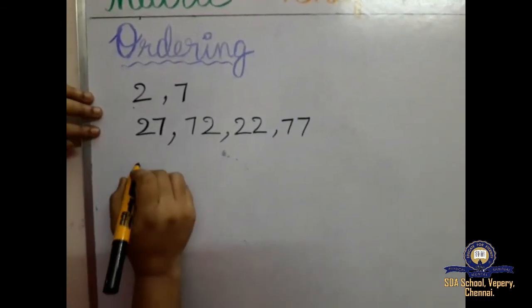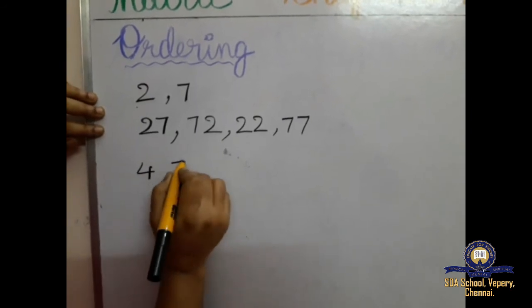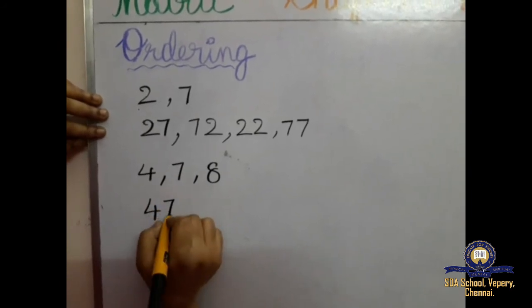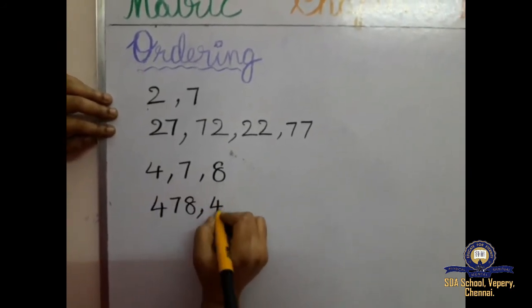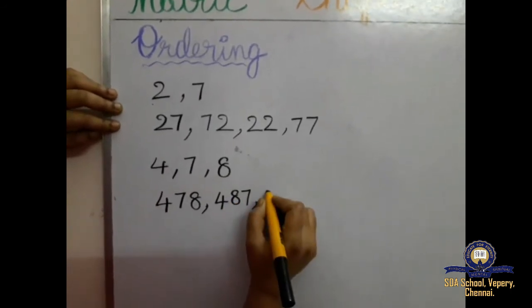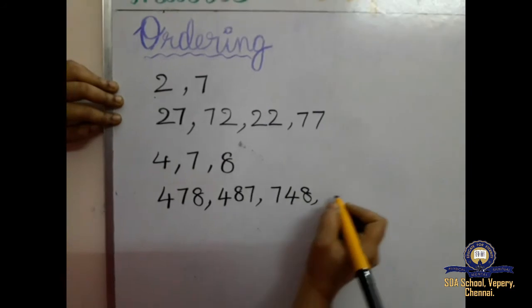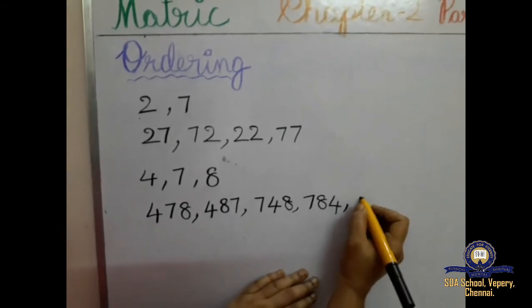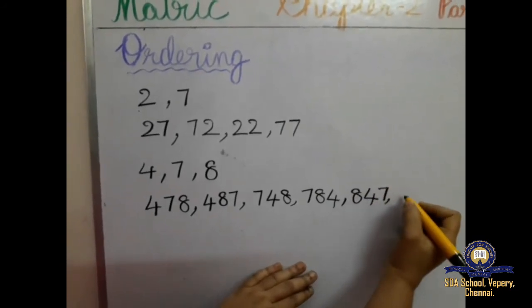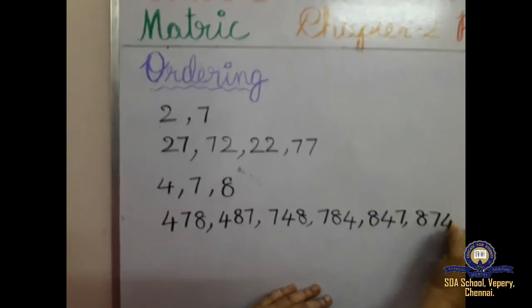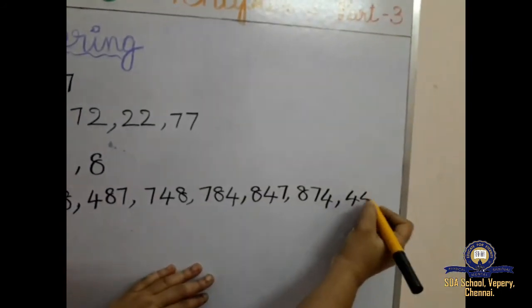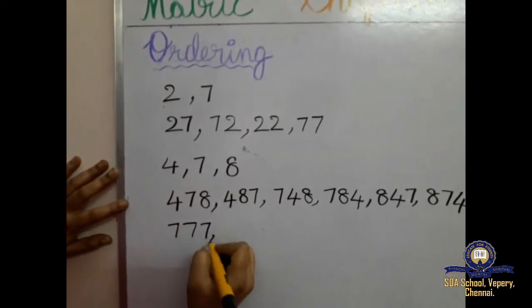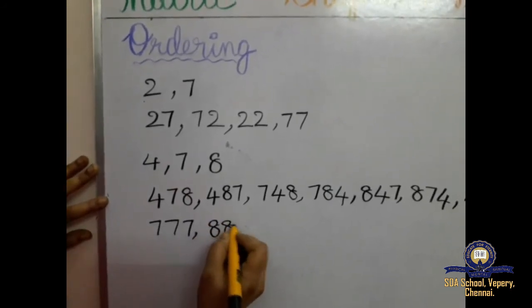If it is like a 3-digit number, 4 7 8, what we can form? 478, 487, 748, 784, 847, 874, 444, 777, 888.